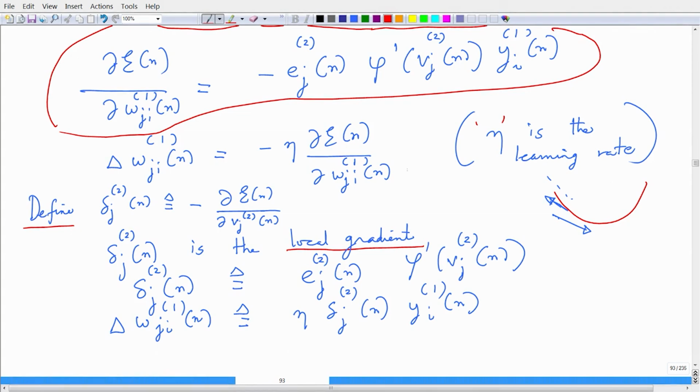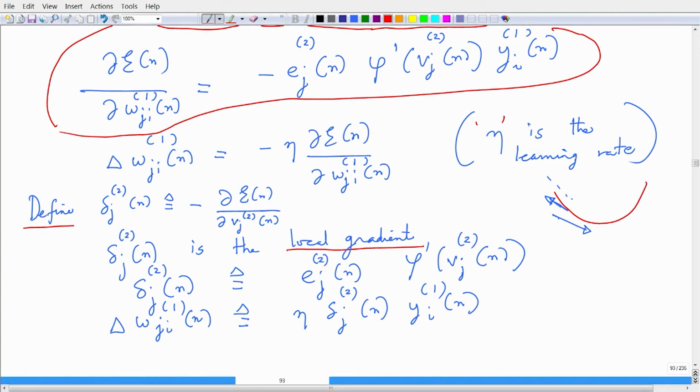Okay, now this is important. To get this derivative, we have to do all these calculations that involved 4 different partial derivatives. Let us define the local gradient as follows: delta j of n in layer 2 is given by minus the partial derivative of the total instantaneous error energy with respect to the local receptive field at time n.